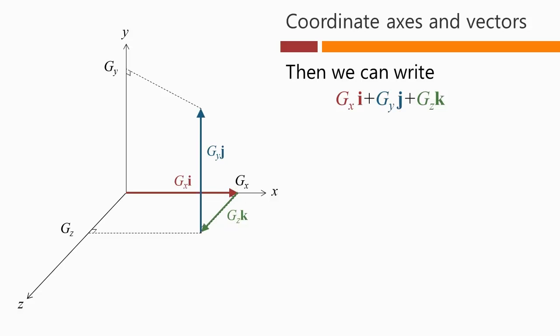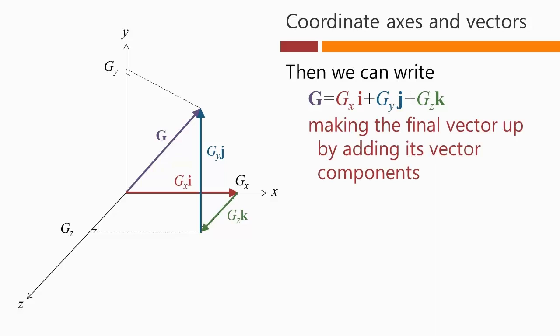And finally, the projection of our vector along the y-axis we can show to be gy, this distance here along the axis, times the direction, which is the vector j, the unit vector along the y-axis. So the sum of these three components of the vector gives us the total vector. So we make the final vector up by adding its components together.